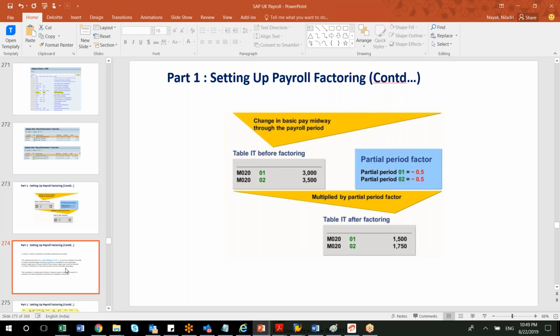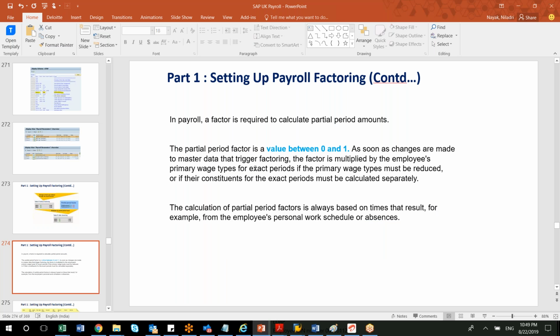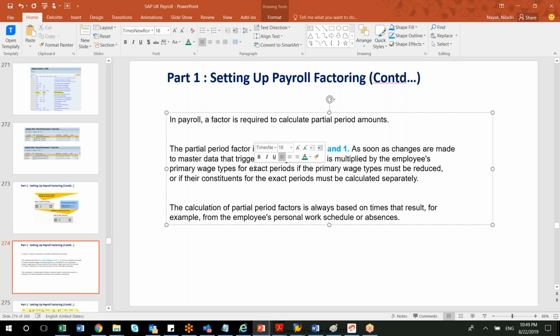Again, as I was explaining about this triggering, if you change anything within a particular day, the system will not support that. As you must know, we can't have two different actions in a particular day. That is a basic concept in SAP. You can't be in one location in the morning and another location in the evening.